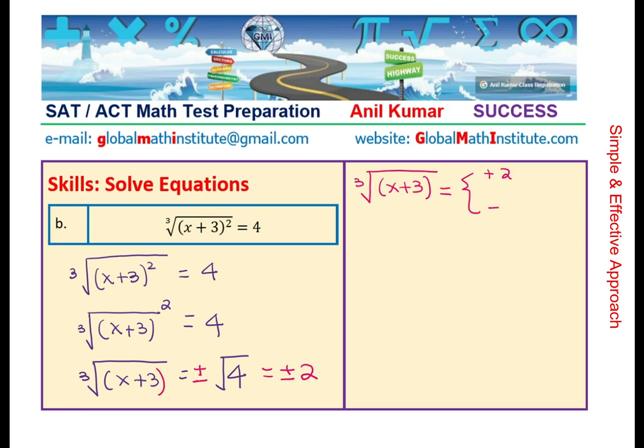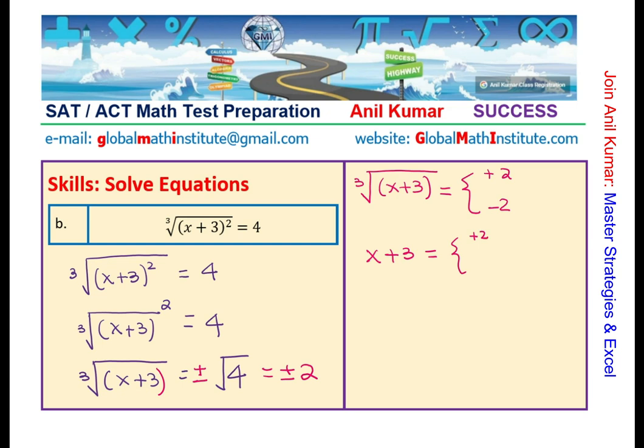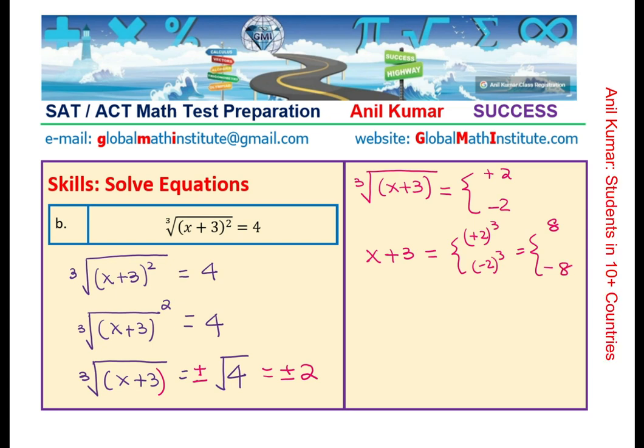So when you cube, you get x plus 3 equals plus 2 cubed and minus 2 cubed, which is what? Well, 2 cubed is 8 and minus 2 cubed is minus 8. Perfect. So x plus 3 is either 8 or minus 8.